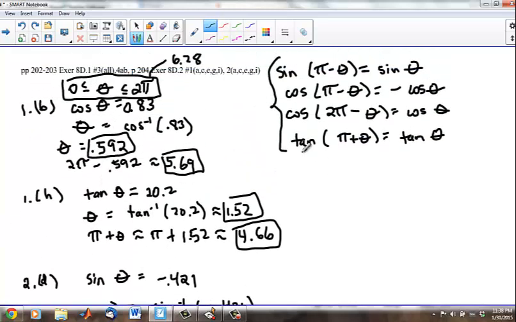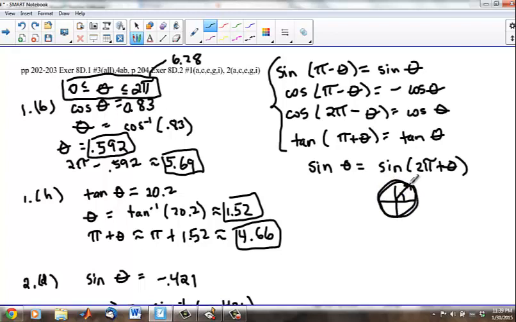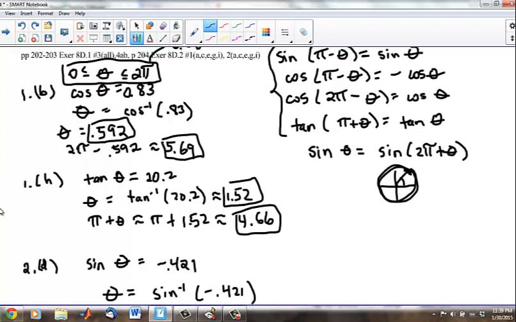It's not written here, but it was written in your foldable. Sine of theta is periodic every 2 pi. Every time it goes around one revolution, we have an angle in a unit circle, and if it goes around 2 pi, it ends up at the same point. That is the periodicity of trigonometric functions.